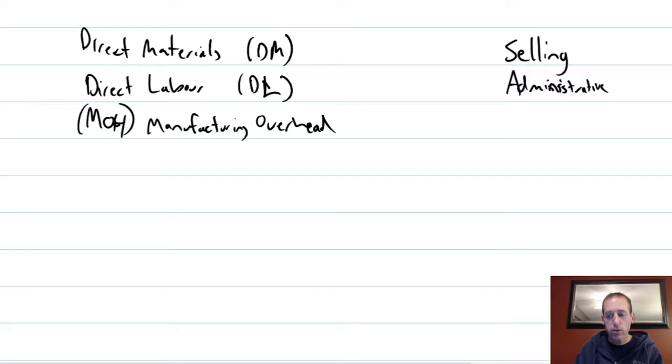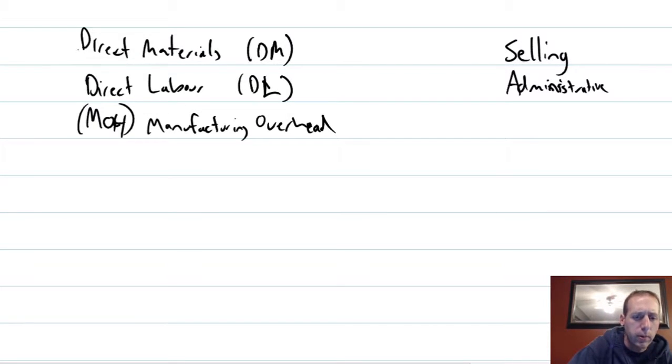So the first cost term I want to define and explain a little bit is direct materials. I think the easiest way to understand this is to give a nice example, and the example I often give is one that everybody can relate to. It's a chef in a kitchen, and the chef is making a hamburger.